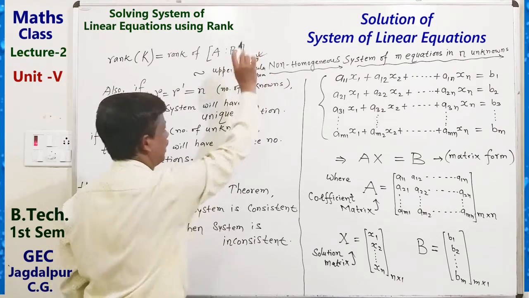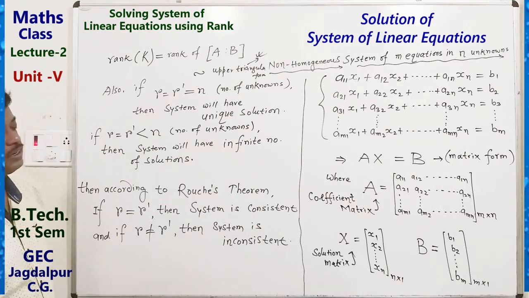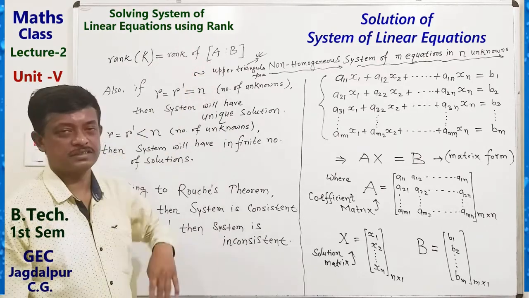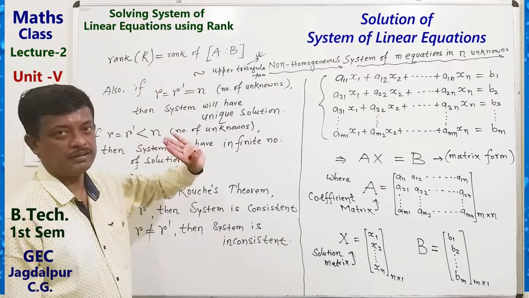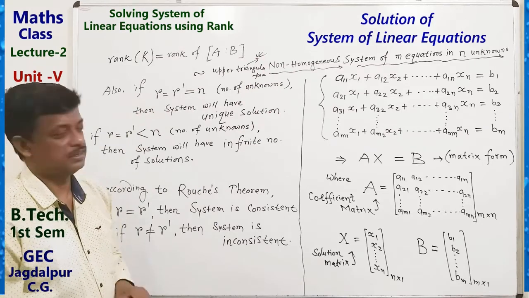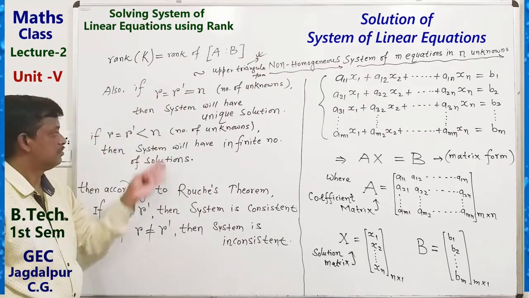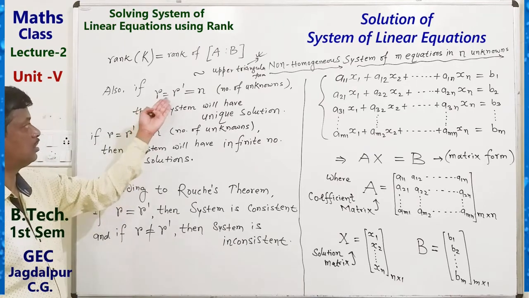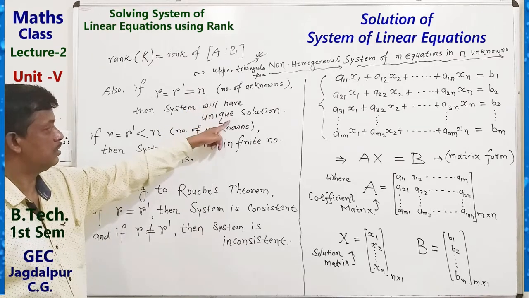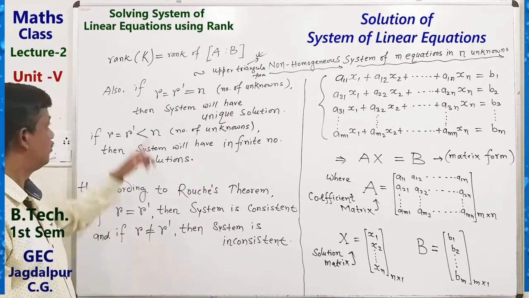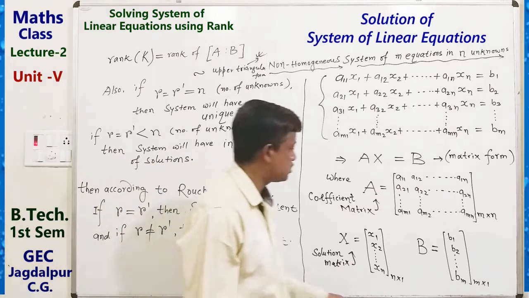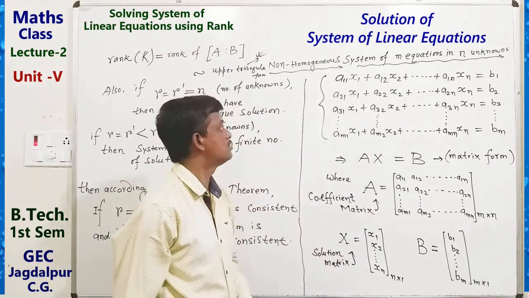Then you can get the rank. Okay, so our target is what? Just write this augmented matrix and convert it to upper triangular form, and then write R and R dash, and conclude like this. If both are equal, consistent. If equal to the number of unknowns, unique. If less than n, infinite. If not equal, inconsistent.